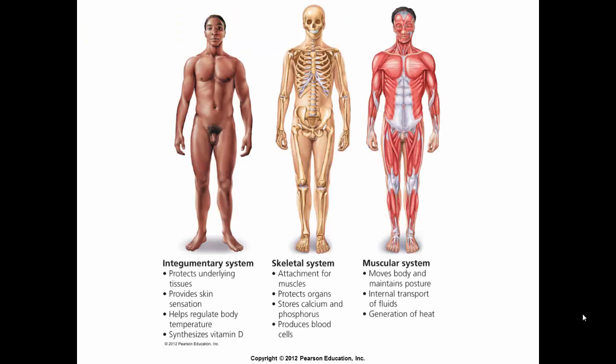The integumentary system is an important system. An important function of the skin is to help regulate body temperature. As our body temperature increases, the brain signals the sweat glands to increase their activity. Evaporation of the perspiration lowers the body's temperature.